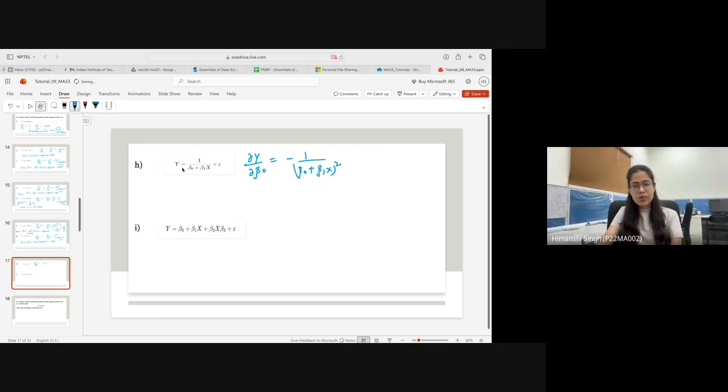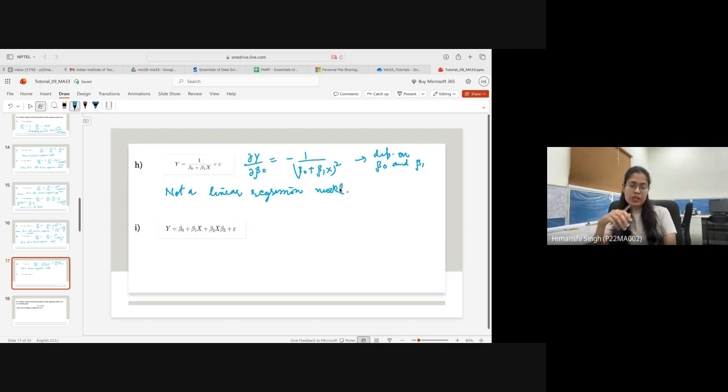This is dependent on beta naught and beta 1, both. So this is not a linear regression model.